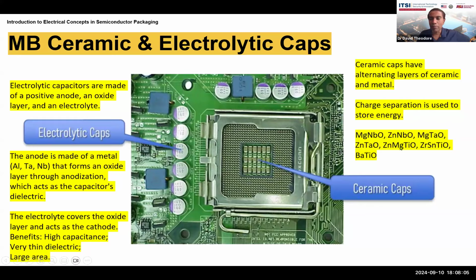Examples of some of the ceramics are magnesium niobium oxide, where I've dropped the subscripts for ease of representation, zinc niobium oxide, magnesium tantalum oxide, zinc tantalum oxide, zinc magnesium titanium oxide, zirconium tin titanium oxide, and barium titanium oxide. Any of these ceramics can be used, and they all have slightly different properties. Of course, the more expensive ones tend to have greater charge storage density. That's the motivation to look at more expensive capacitors.